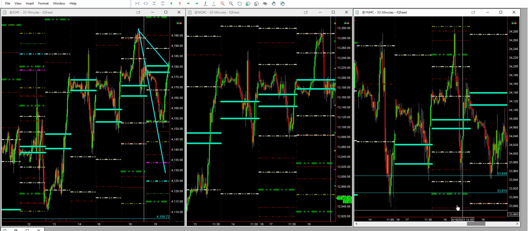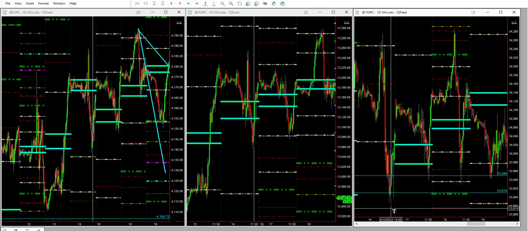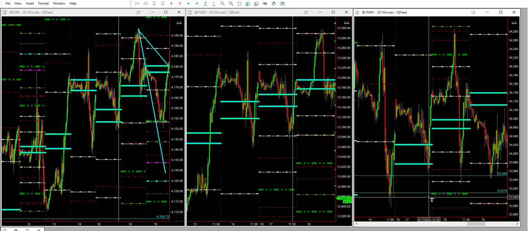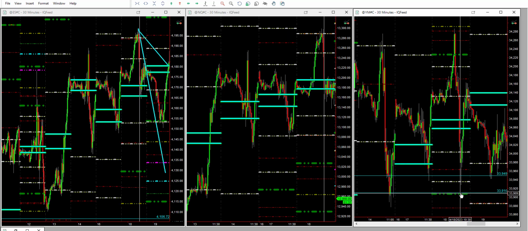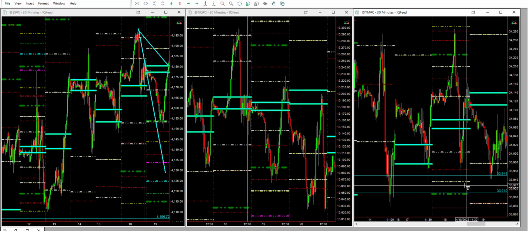So markets don't get out of sync every day. So when they do, you have a profitable edge. Now here, they are doing the same thing, higher high. Okay.